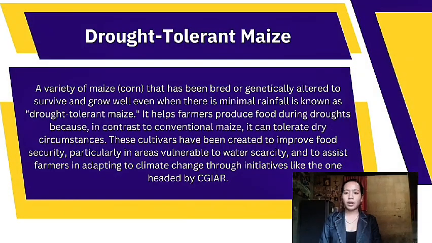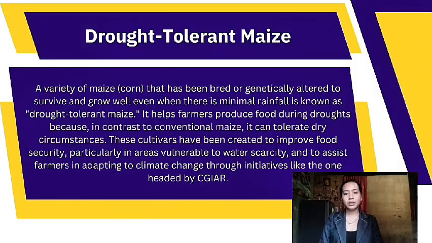This cultivar has been created to improve food security, particularly in areas vulnerable to water scarcity, and to assist farmers in adapting to climate change through initiatives like the one headed by CGIAR.